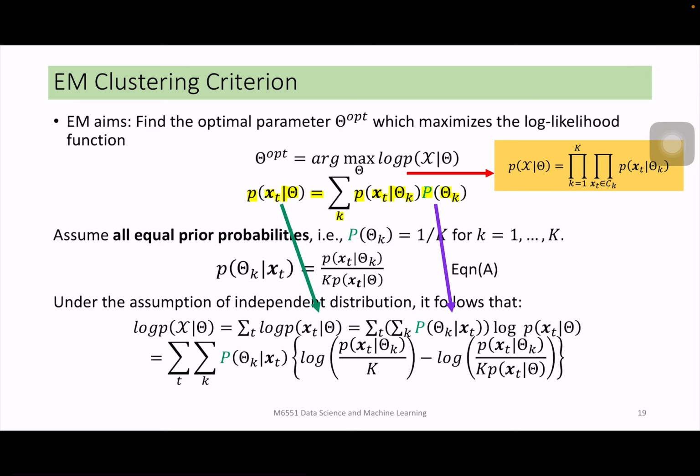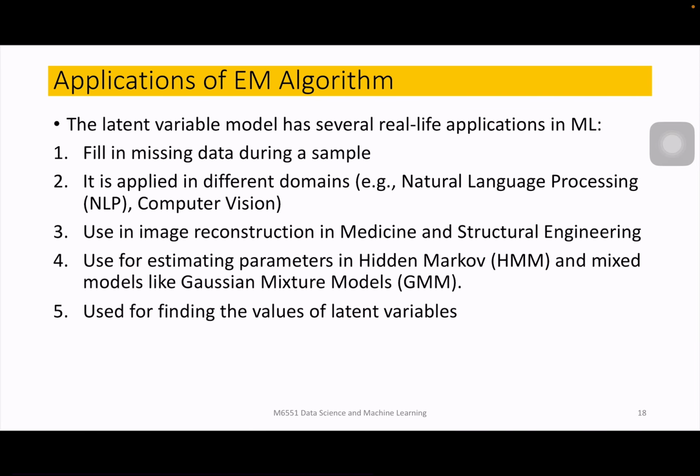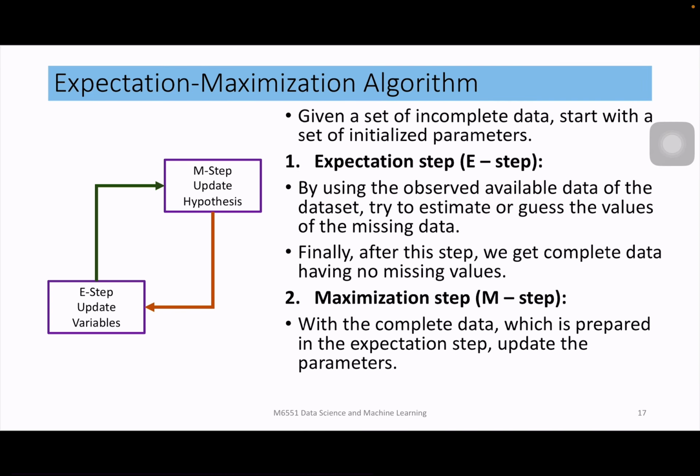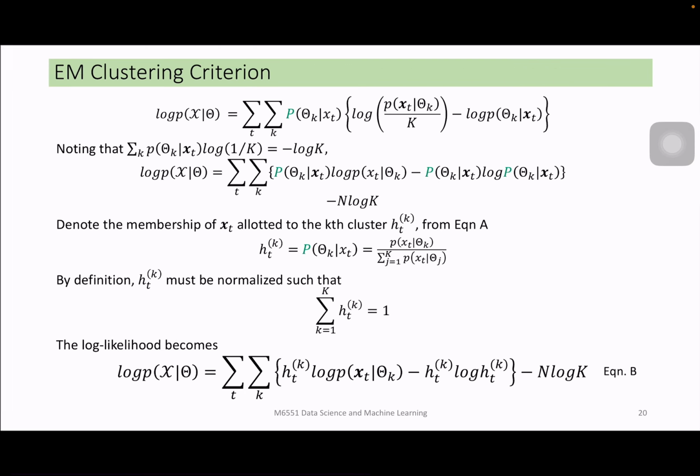You assume all equal probability, and under such an assumption the independent distribution follows. So there is an independent distribution for EM clustering, which is expectation and maximization. As mentioned, the expectation, the E step, is to update the variables, and the M step, maximization, is to update the hypothesis.